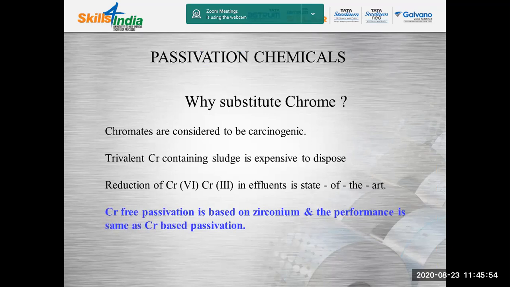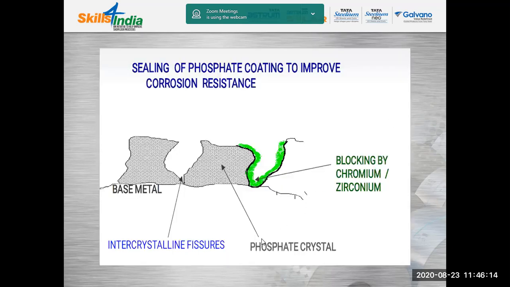Reduction of chrome valency 6 to chrome valency 3 in effluent is state of the art. Chrome-free passivation is based on zirconium and the performance is the same as chrome based passivation. This chrome fills this gap, the blocking by chromium or zirconium.